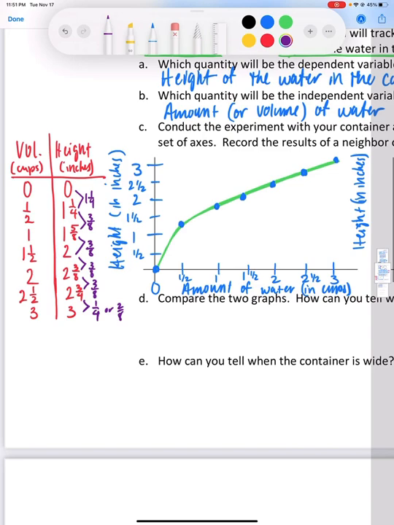So once we get up to 3 cups in my container, that's when it starts to level out a little bit more. Okay, so that's why we have mostly constant data points here. So at this one, it'll start to level out a little bit and get smaller. Kind of make that one a little bit smaller there.